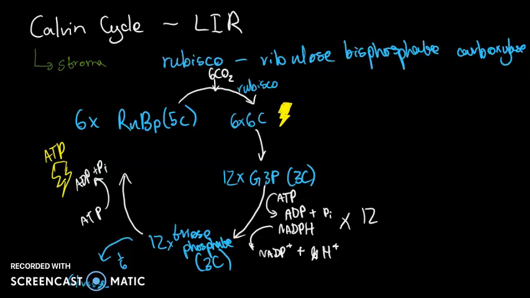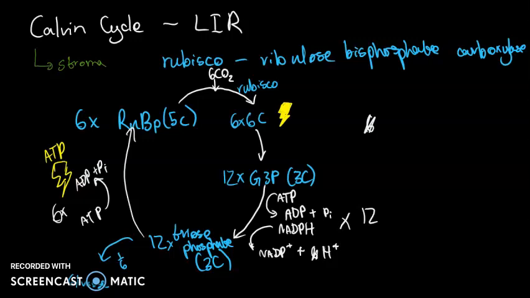For each 6 triose phosphates you're going to need 3 ATPs, at least that's how most textbooks show it.